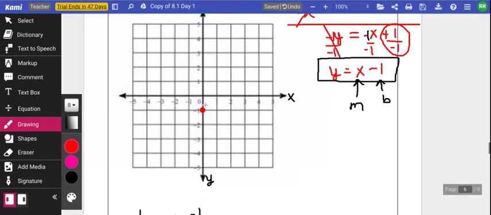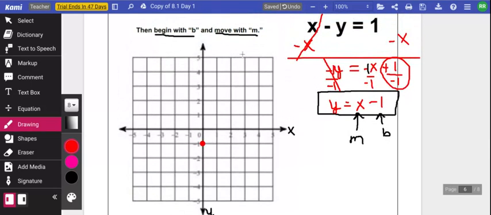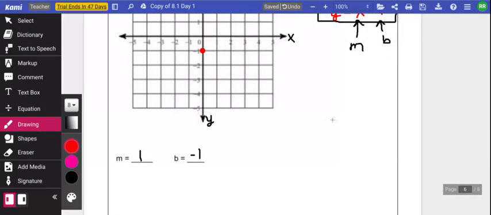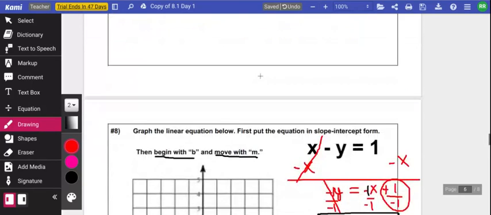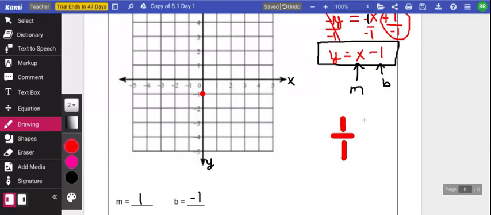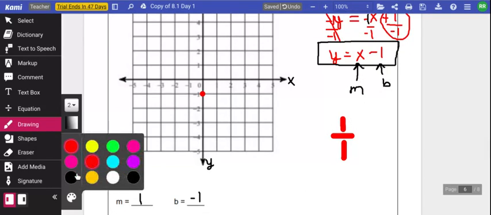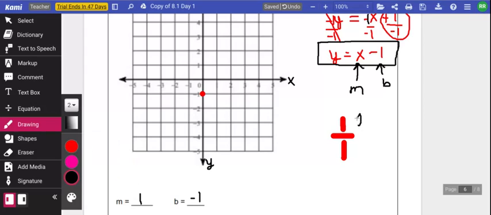Now, to get additional dots, I need to move with m. M is 1. 1 over what? How can I write 1 as a fraction? 1 over 1, right? So remember, slope m equals rise over run. The top number tells me to go up or down. Since it's a positive number, I'm going to go up 1.